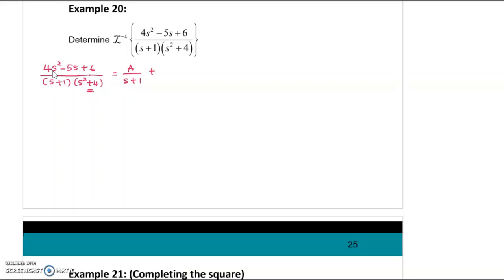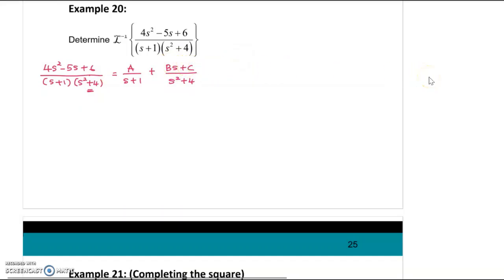When you have a quadratic factor, it should be in this form at the top, Bs plus C, over s squared plus 4. Be careful, this is actually a common mistake. Normally students tend to write B over s squared plus 4. Since this is quadratic, at the top it should be Bs plus C.